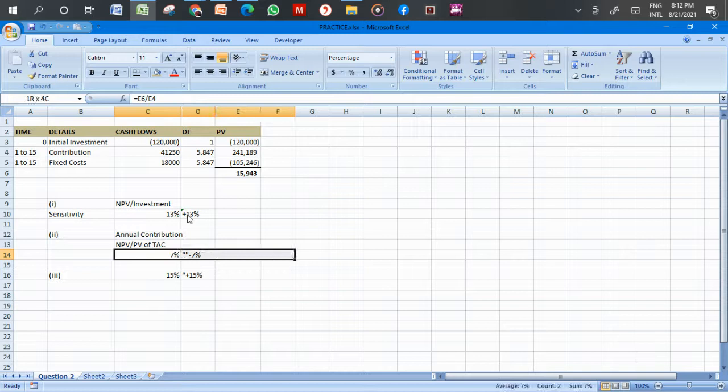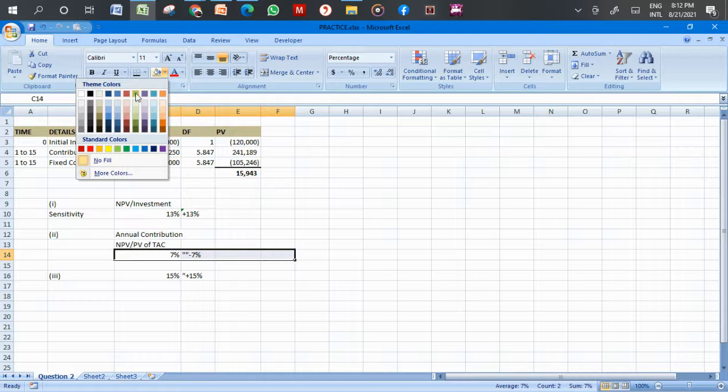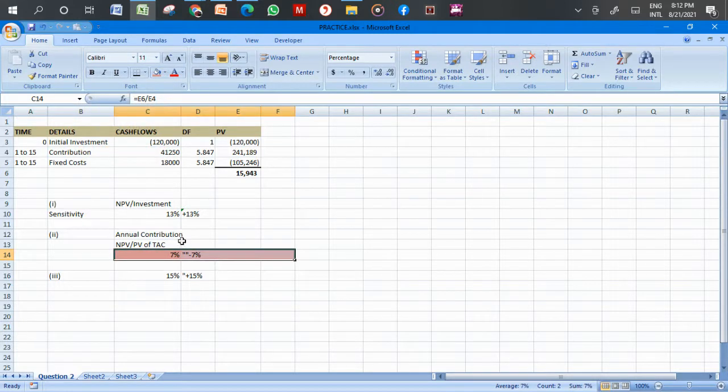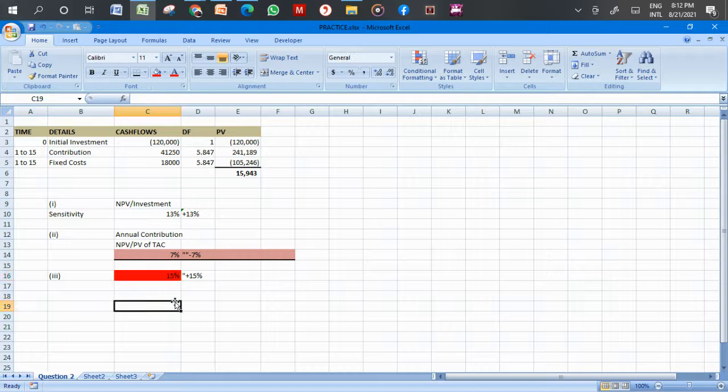So our net present value is more sensitive to changes in the annual contribution than to any other variable, the initial investment or fixed costs. Fixed costs have to increase by 15% before the project becomes undesirable, but with the annual contribution, only a 7% decrease makes the project undesirable. So that is how you can analyze it.